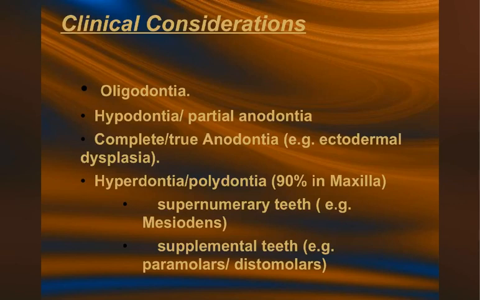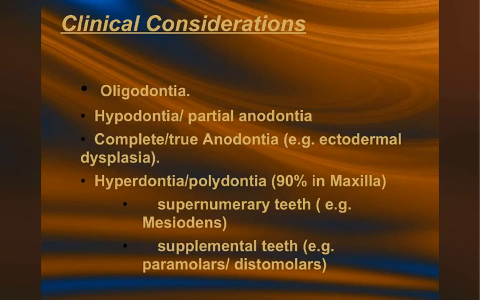Partial anodontia means we have a number of missing teeth, excluding third molars. So if you have all your third molars, wisdom teeth, missing, this is not considered partial anodontia. Other than that, even if it's a single tooth missing, that hasn't developed at all, congenitally missing, then it's called partial anodontia.